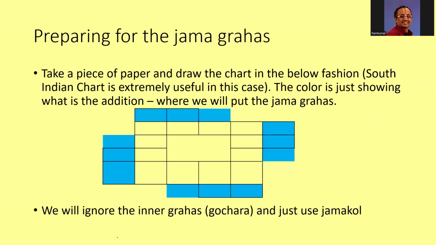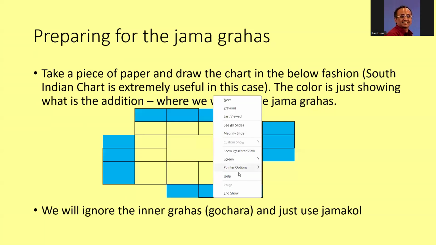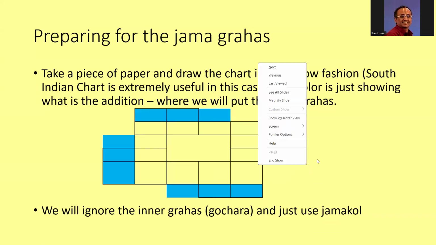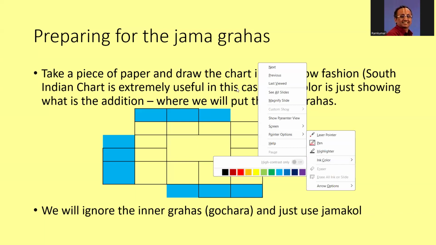Now we are going to get into the hardcore Jamagraha preparation, right? So what we will do first, all of you know the South Indian chart. For the purpose of this class, I will use South Indian charts. For your practice, you can use whatever color you want.